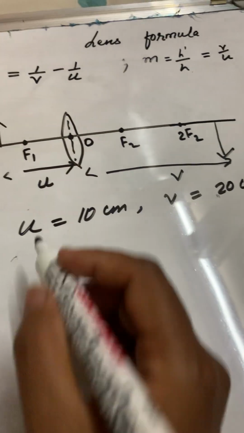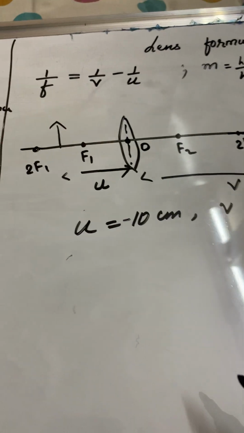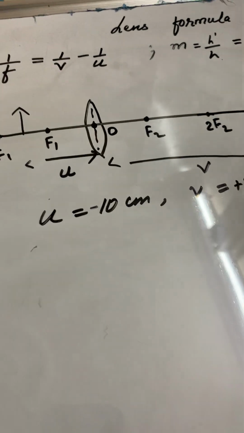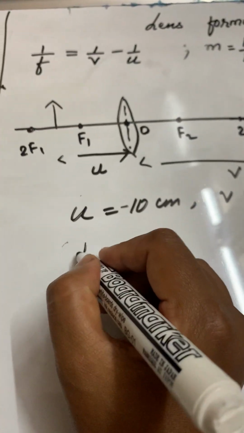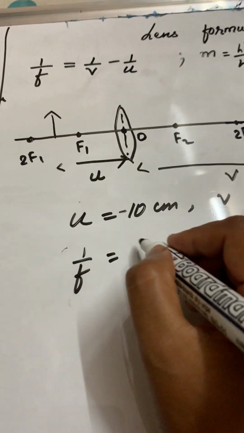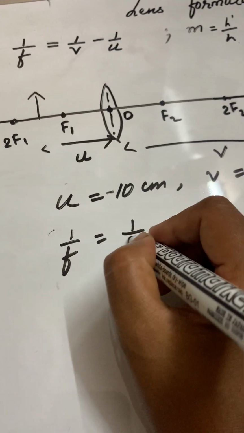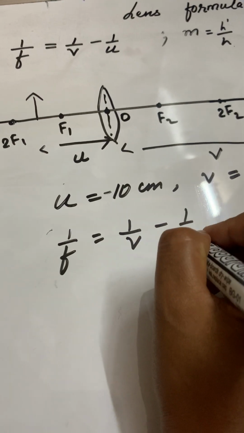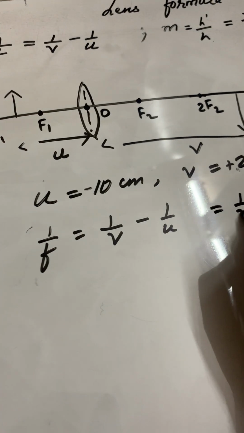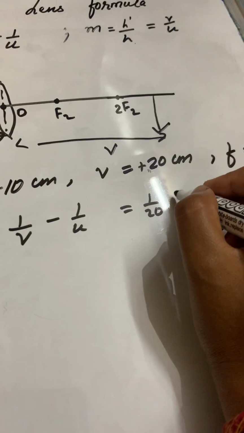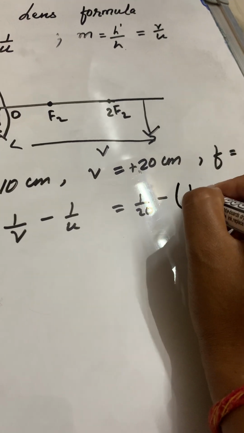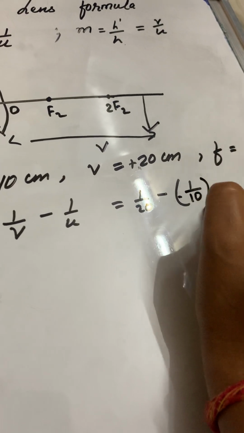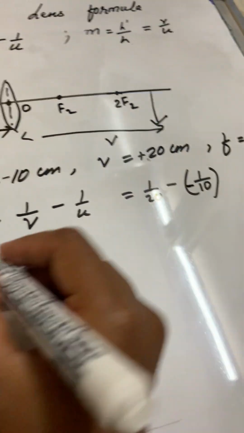Okay, now u has to be what? Minus, and v has to be plus, right? Now if I use the lens formula, this will be what? 1 by f is 1 by v minus 1 by u, and v is 1 by 20, and this will be what? Minus, and this will be 1 by minus 10. This is plus, minus and minus will be plus.